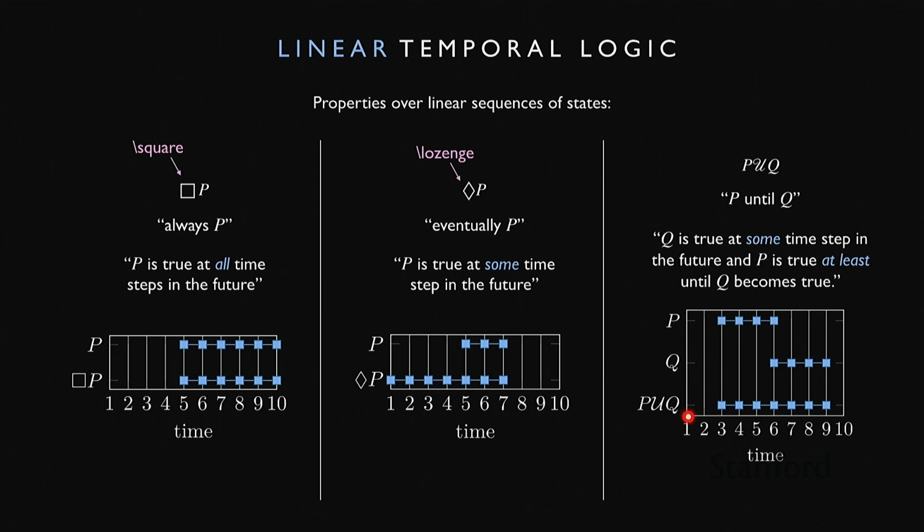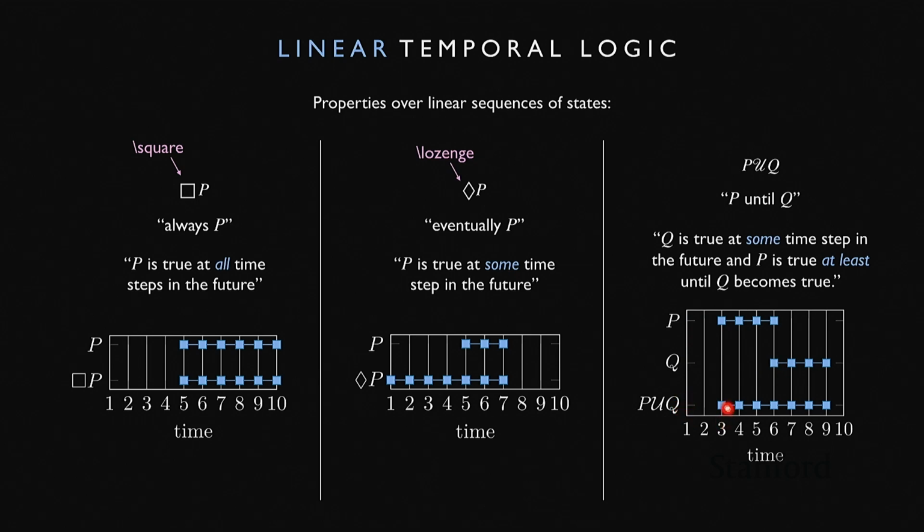So let's see what this one looks like. At time step 1, we can check the first part, which is Q is true at some time step in the future. So at time step 1, yep, Q does become true at some time step in the future, but is P true until then? No, because P is not true at these couple steps, and so it's not true until Q becomes true. So for that case, P until Q evaluates false.